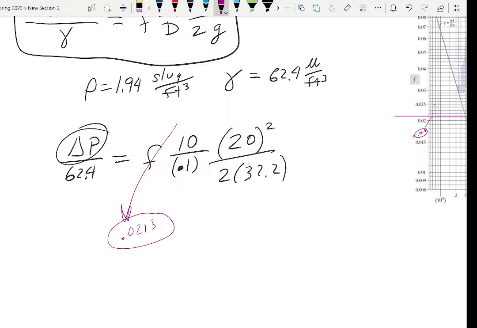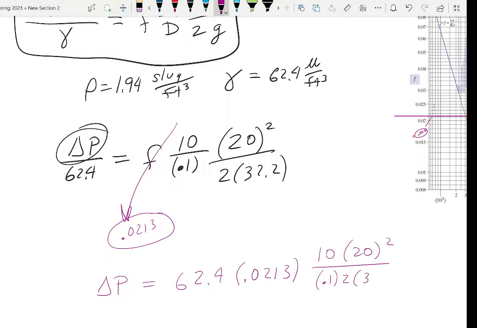Okay, so if you look at this thing, it's nothing more than, let's see if I can get this thing to calculate. 0.0213 times 10 times 20 squared over 0.1 times 2 times 32.2. I've got that.